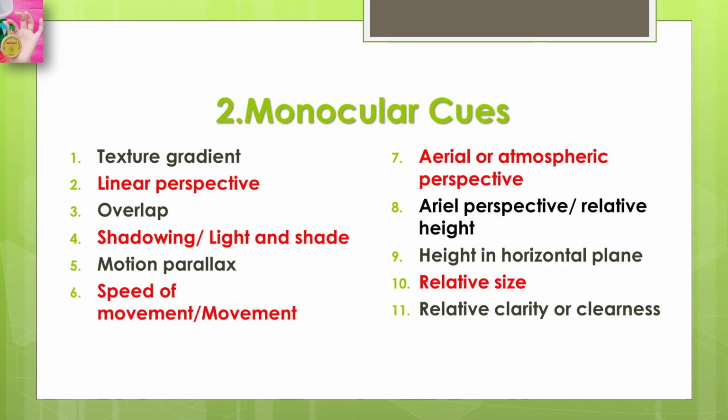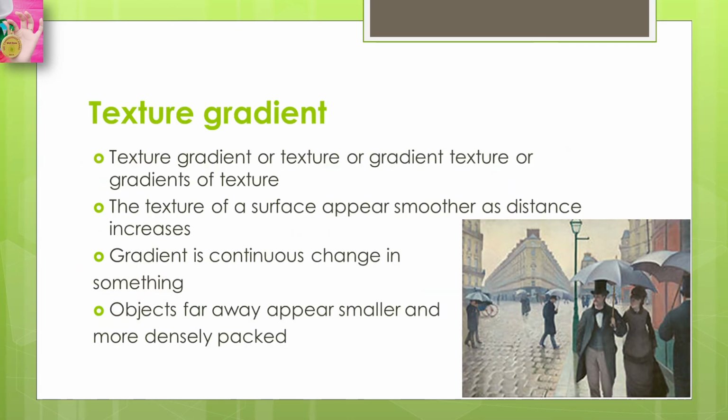So let's start with the texture gradient. Now, texture gradient is as a surface with a distinct texture extends into the distance, the details of the surface texture gradually become less clearly defined, and the texture of the surface seems to undergo a gradient or continuous pattern of change, from crisp and distinct when close to fuzzy and blended when farther away.